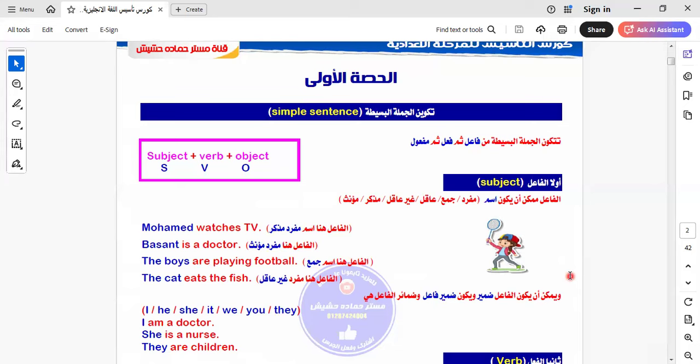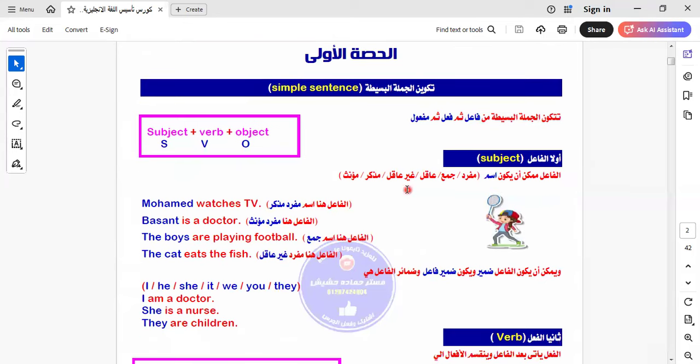So language is improved by what? By reading and by listening. Writing is also important, but reading and listening are more important. Okay, to know the pronunciation of the word.